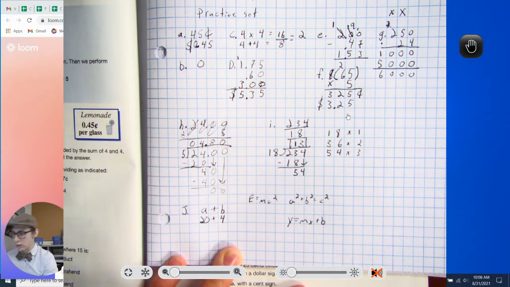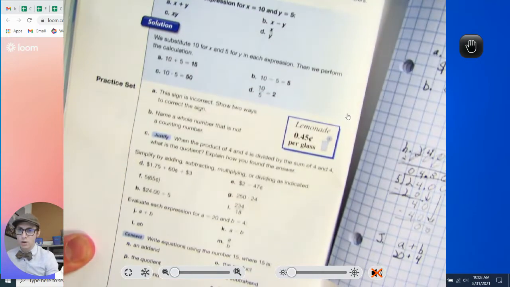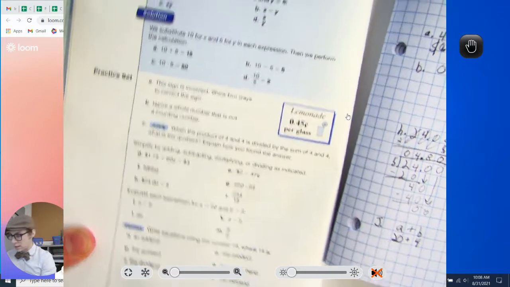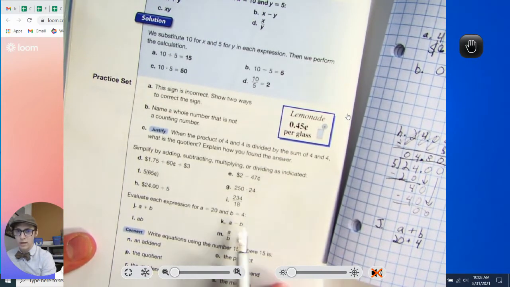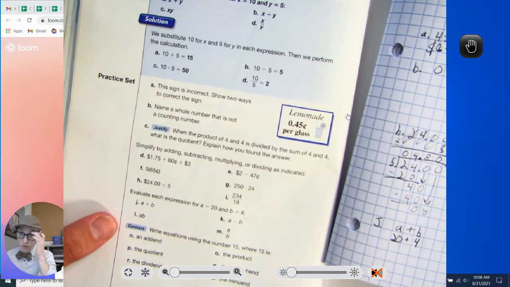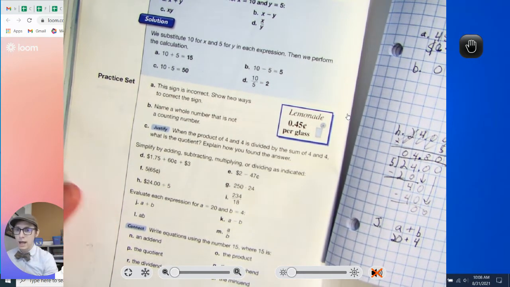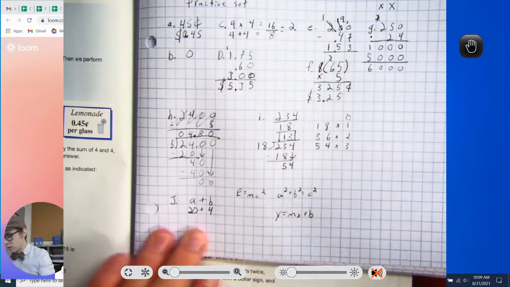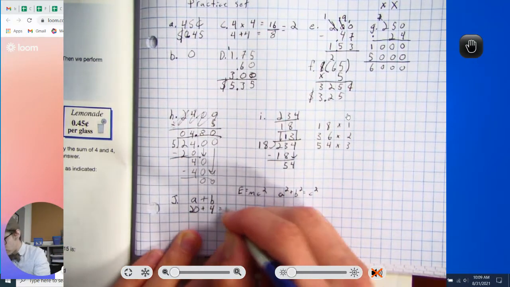And that's true because we are told literally for this problem that a is the same as 20 and b is the same as 4. So for these 4 problems, we will be treating anytime we see a as a 20 and anytime we see b as a 4. So 20 plus 4 equals 24.